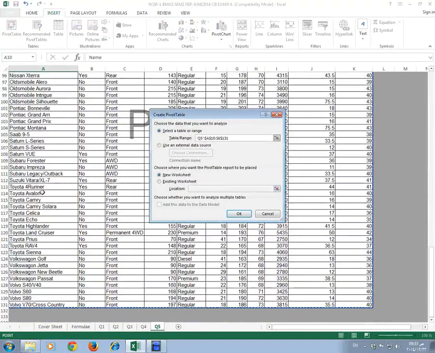After highlighting, it asks where you want to put your data. It is preferred that this answer should be in a new sheet. So I'm clicking new sheet. Don't ever use other locations. Please make a new sheet, and then click OK.